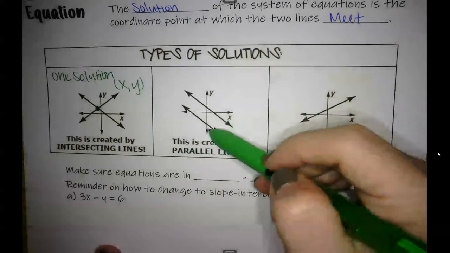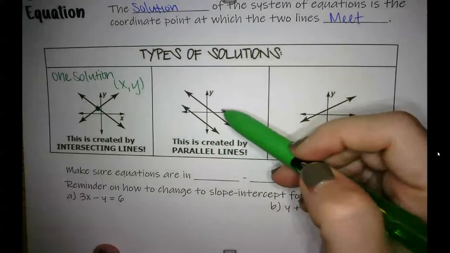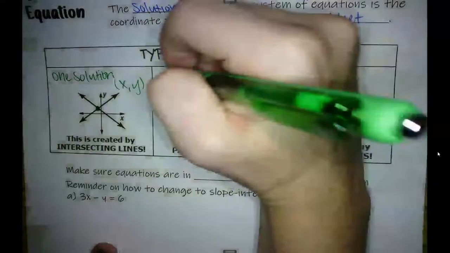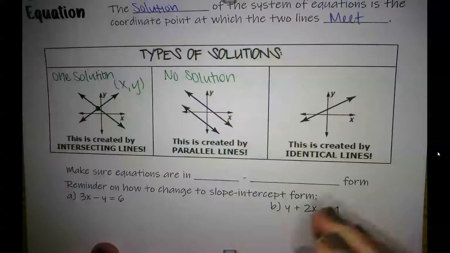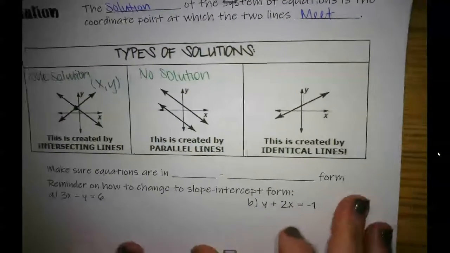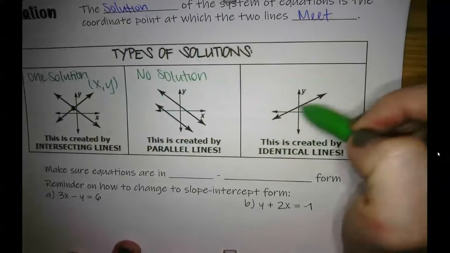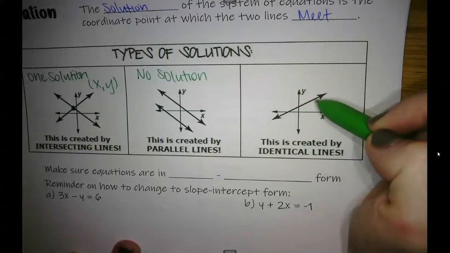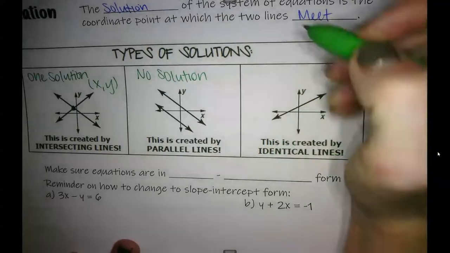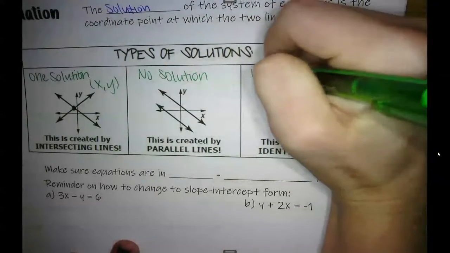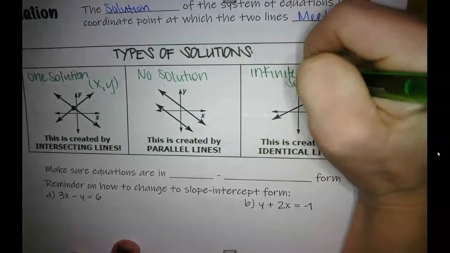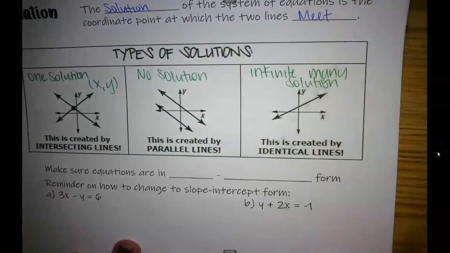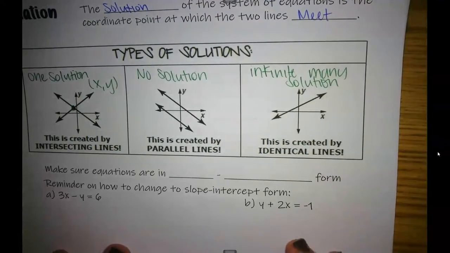If we've got two lines that are parallel, that means that they never meet, meaning we cannot have any solution. If they don't meet, we don't have a solution. And you can't tell, but this is two lines stacked on top of each other. So if they're the same line, then we call that infinitely many solutions, because every single x and y is a solution.